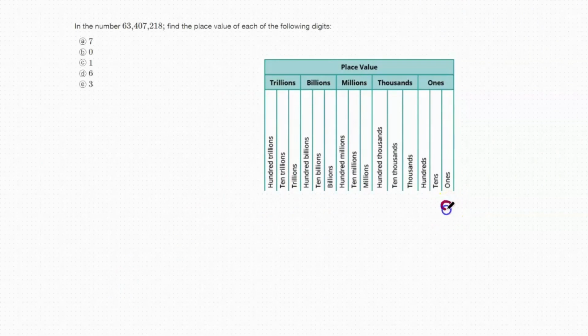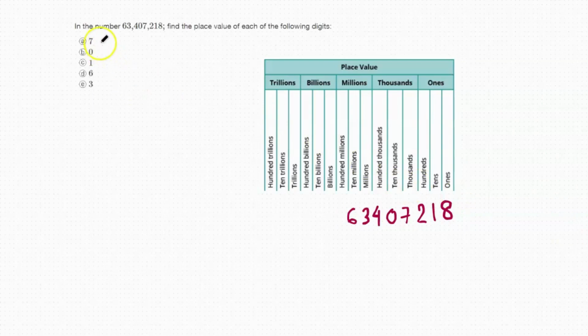So we'll start with 8, 1, 2, 7, 0, 4, 3, and 6. Once we write down this number, we'll see where each digit fits.